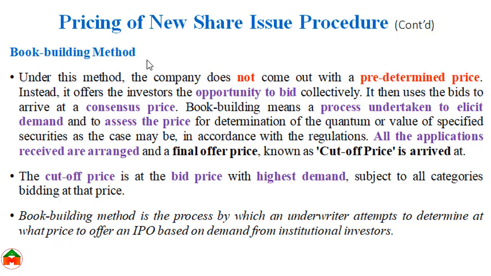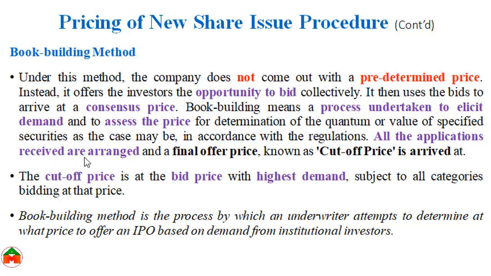That means in case of the book building method, you can arrange a roadshow in which the potential institutional investors can bid their maximum price. That means in a book building system, a process is taken to elicit demand, and then from the elicited demand, you can assess the price based on the highest bid from the potential investors.